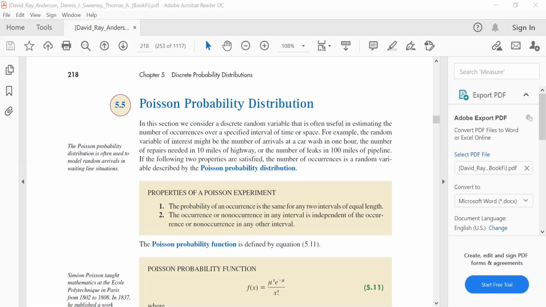Now, the interval may be a time interval, a space interval, or a volume interval. The actual number of occurrences within an interval is random and independent.